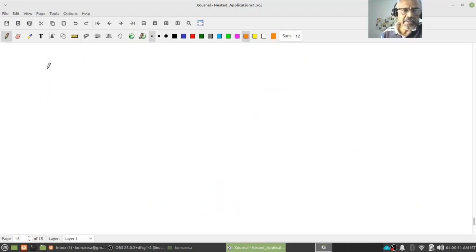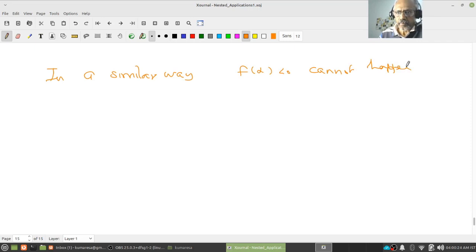In a similar way, f of alpha negative cannot happen. But f of alpha is a real number, right? So I can apply the law of trichotomy.